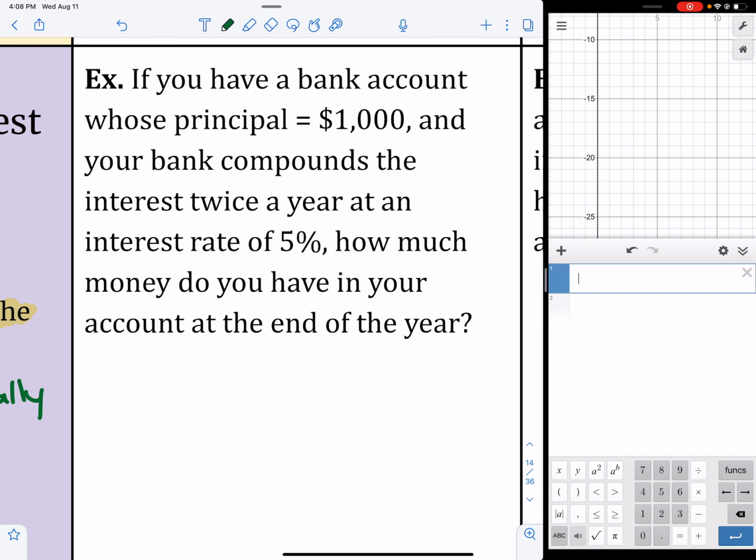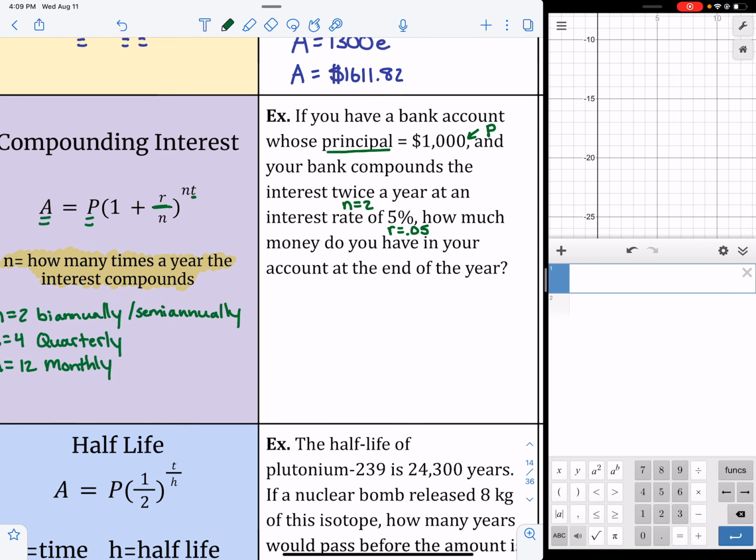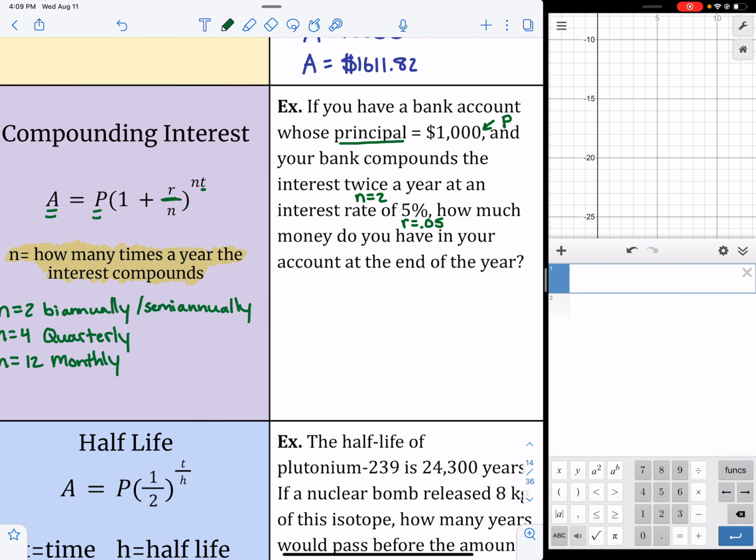If you have a bank account whose principal equals 1,000 and your bank compounds the interest twice a year, so that means N would equal 2. The 1,000 is the principal. That's why we call that P. It's like your initial amount. You have an interest rate of 5%, so R would be 0.05. And it says, how much money do you have in your account at the end of the year? So I'm going to scoot it over so you can see that formula again, nice and clear.